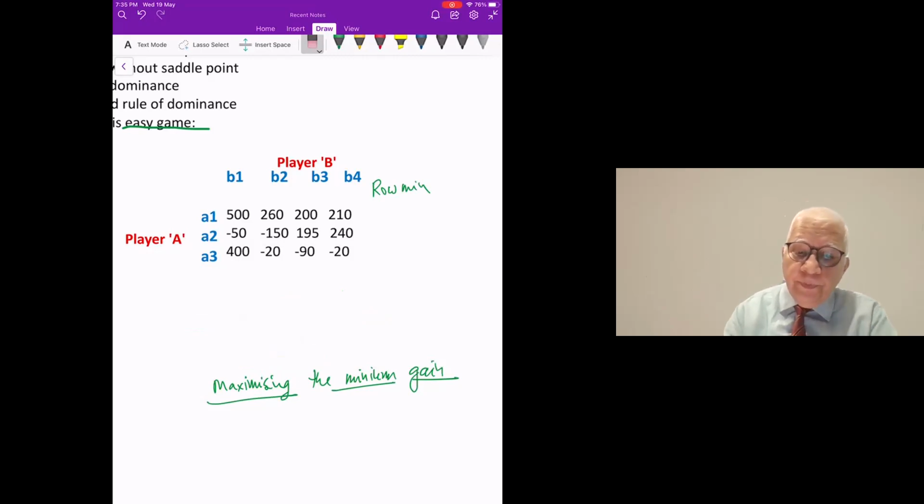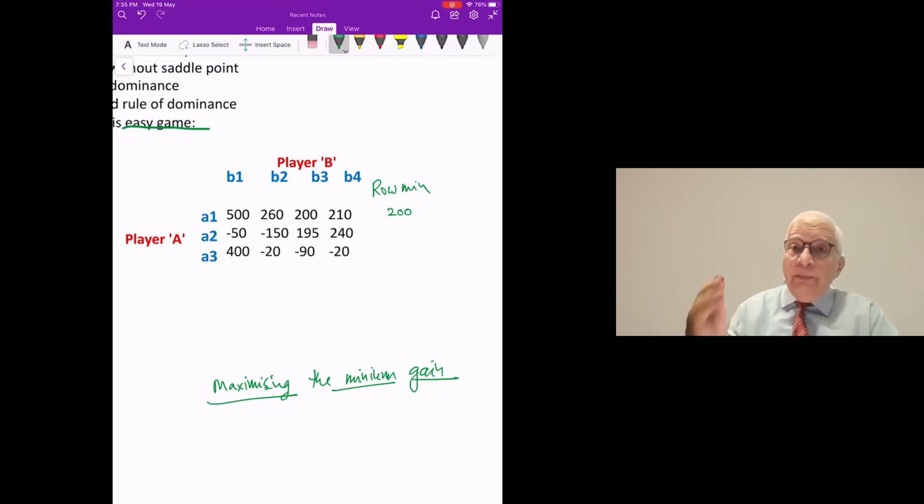Row minimum in row number 1, out of 500, 260, 200, 210: out of these four numbers, the minimum is 200. So I'll write 200 against the A1 row. That means 200 is the minimum gain which can be made by using strategy A1.